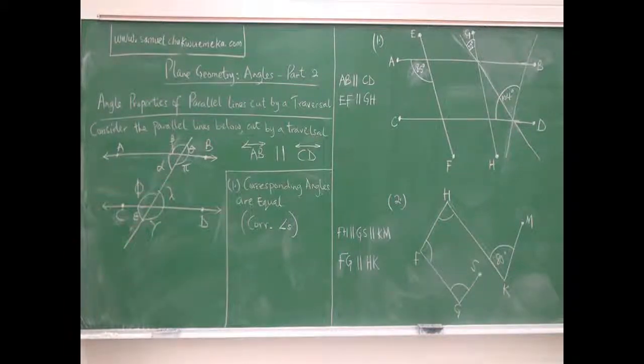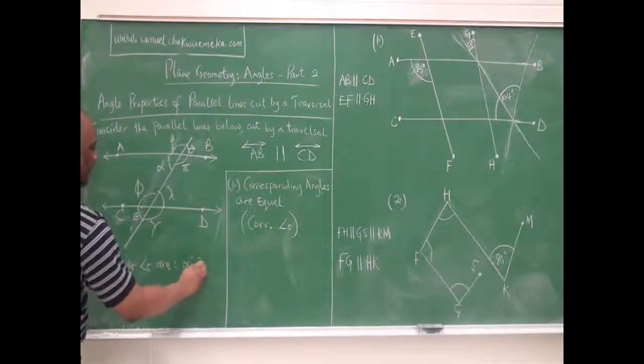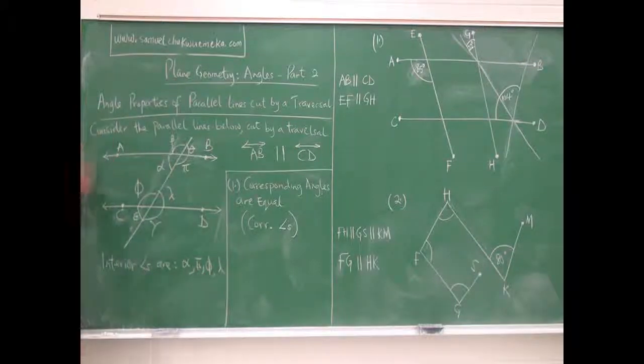The interior angles are inside angles, and that is alpha, pi, phi, and lambda. These are what we call the 4 interior angles. They are inside the parallel lines.